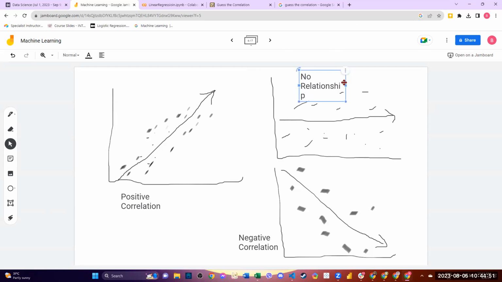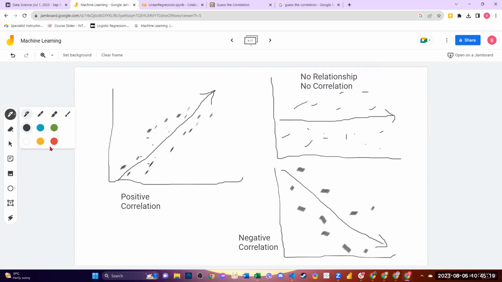So what is the thing that we're going to avoid? We're going to avoid no relationship. So usually, if we see this, there's no correlation. If our trend line is horizontal, there is no correlation.